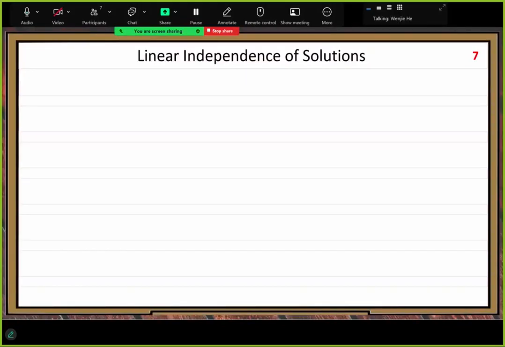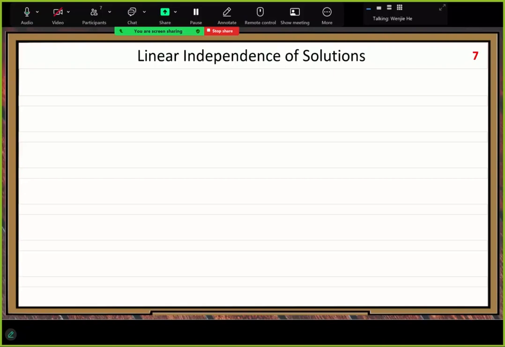Let's look at the linear independence of solutions. Given several solutions, what's the meaning of linear independence? We saw some definition before, but here for multiple functions.